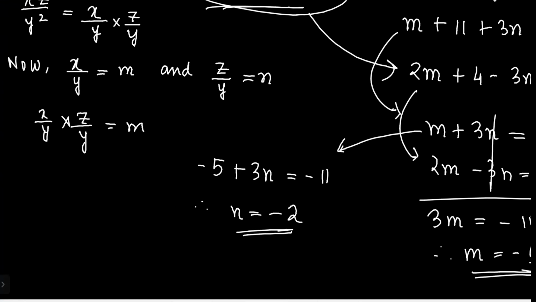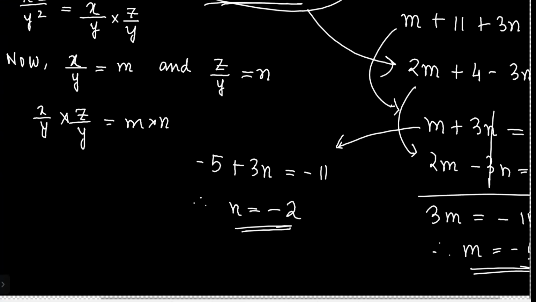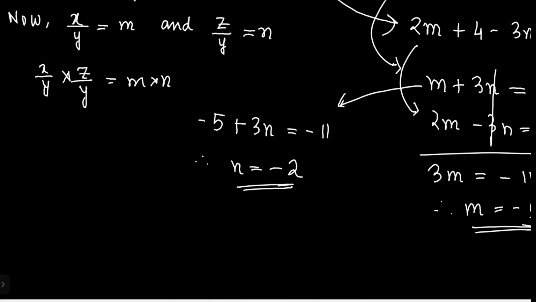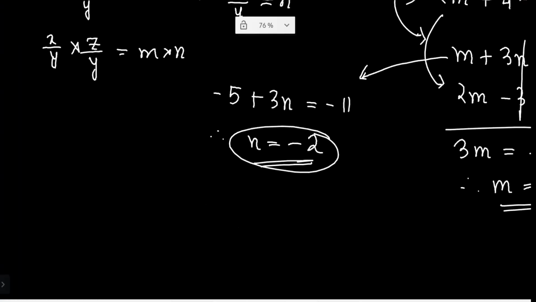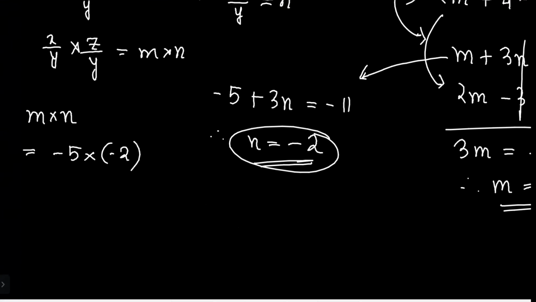That means we have to find m into n, and we have found the values of m and n. So m into n will be minus 5 into minus 2, that is 10. So option C is the correct option.